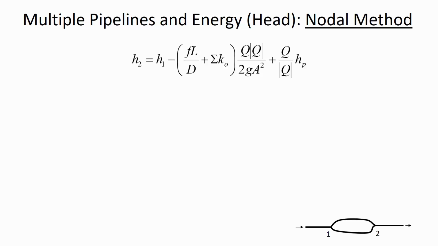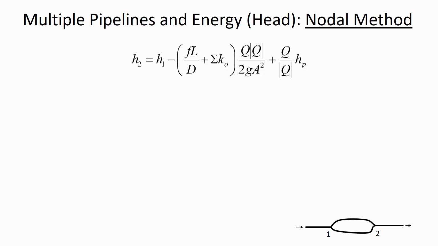So we're saying that the total energy at 1, where flow is going from 1 towards 2, all right, so we're starting at 1, the total energy at 1 minus some losses, FL divided by D. Which losses do you think those are? Friction losses. What about the sum of K naught? Local losses. So those are our two loss types. So we're losing some energy between 1 and 2. So that's why the minus.